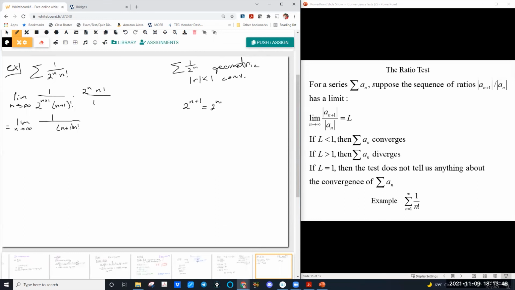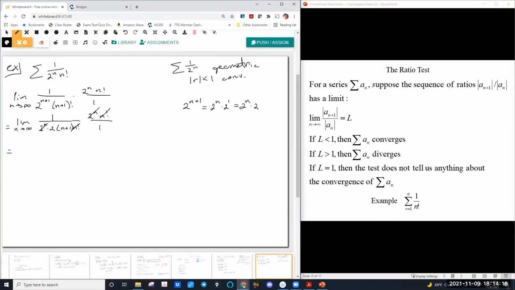That's 2 to the n times 2 to the 1 by properties of exponents, or 2 to the n times 2. You're going to see that happen on a lot of these. What's really nice about the way it's rewritten, our cancels become very obvious: the n factorials and the 2 to the n's.